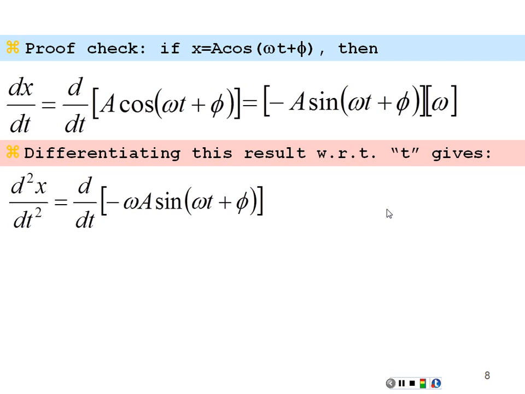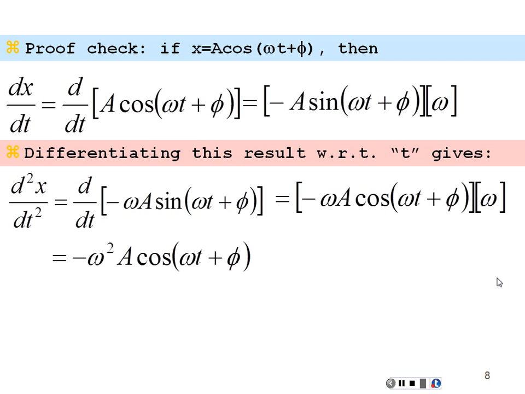And then taking the derivative of that will give me the second derivative, the acceleration. The derivative of the sine is the cosine, and by the chain rule I have to take the derivative of what's inside the function as well, giving me another omega. So now I have a negative omega squared, A cosine omega t plus phi.